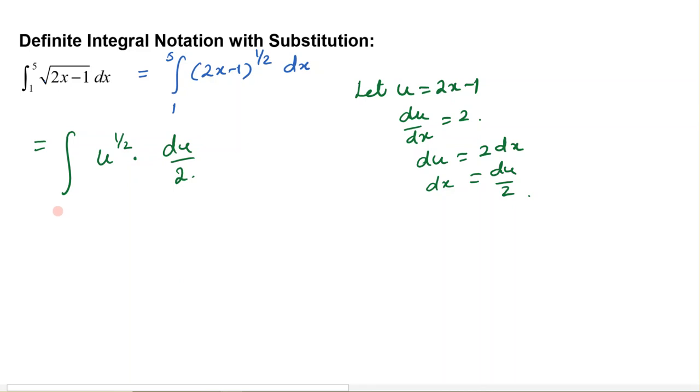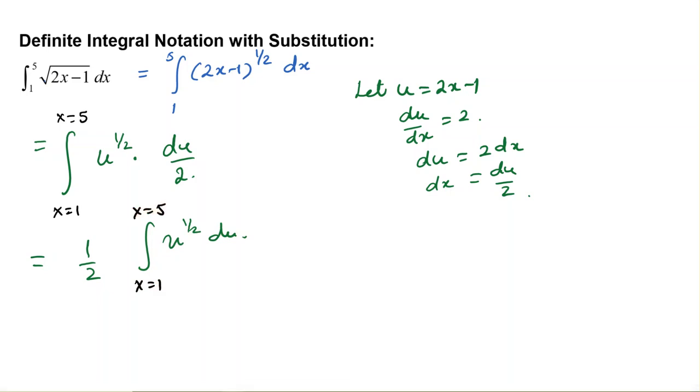One method is that you do not change the limits of integration, so you just keep your x limits from 1 to 5. Don't substitute these for u. We first evaluate this integral and then put it back in terms of x. So we have half the integral of u raised to power half du, with limits still for x.